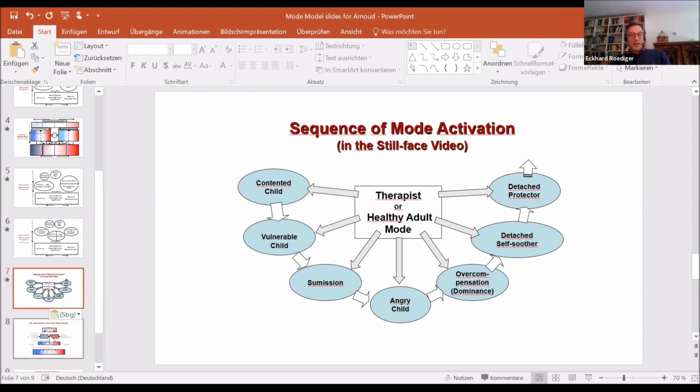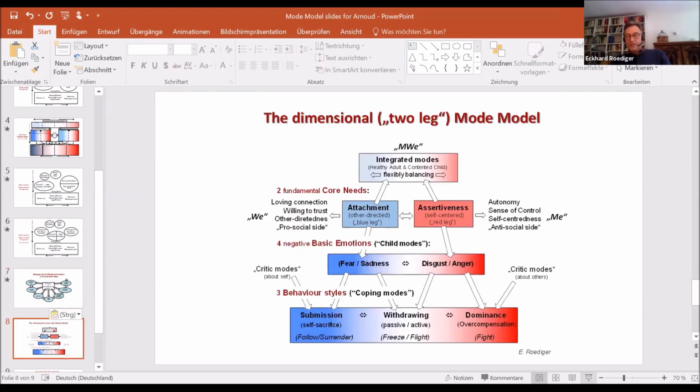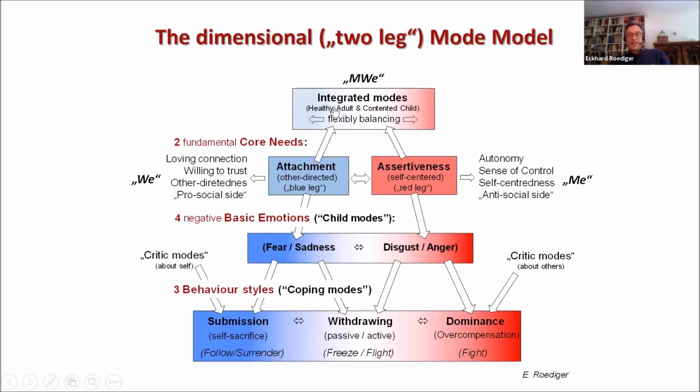And if we put it now into the two-leg model, we will have the attachment need, that's the need level, with the polarity of openness to other people, thinking in terms of the we, like Dan Siegel put it, and parasympathetic state, pro-social side. You can line up a lot of features of this blue orientation.